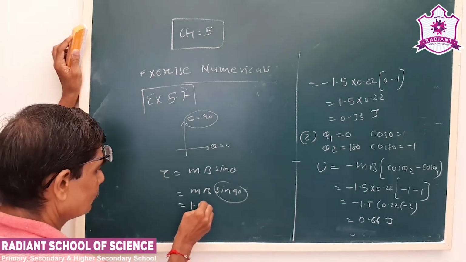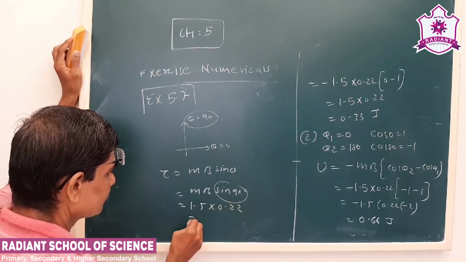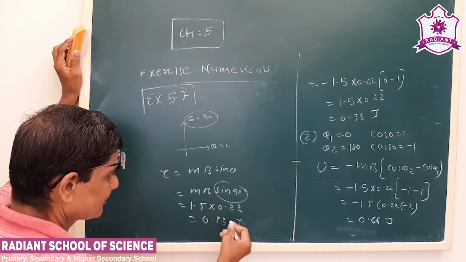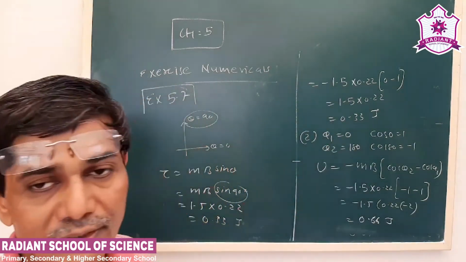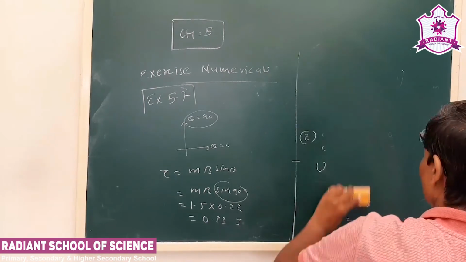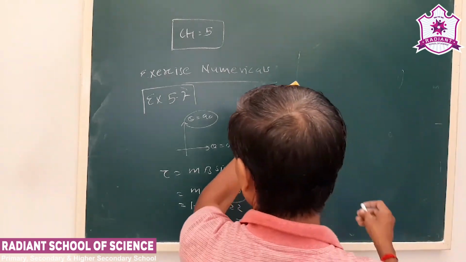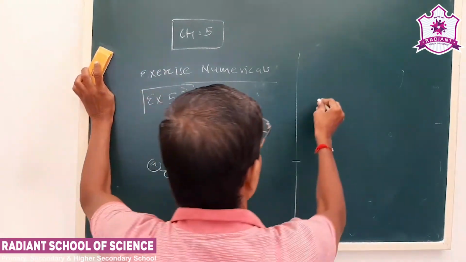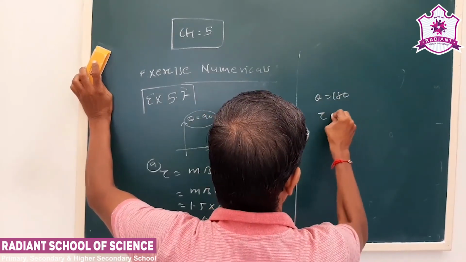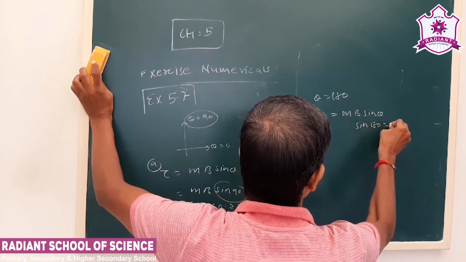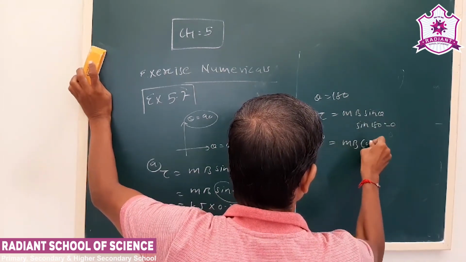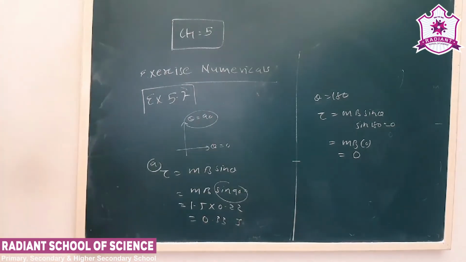So we get 1.5 into 0.22. Secondly, it is rotated by an angle of 180 degrees, so theta will be 180 in the second case. Torque is m b sin theta. Sin 180 is 0. So this is how we get the value of torque in this case.